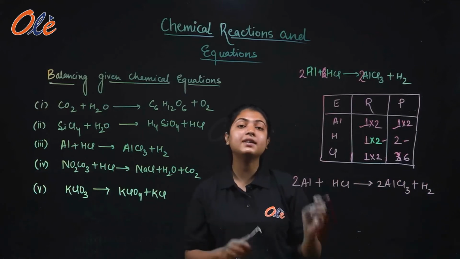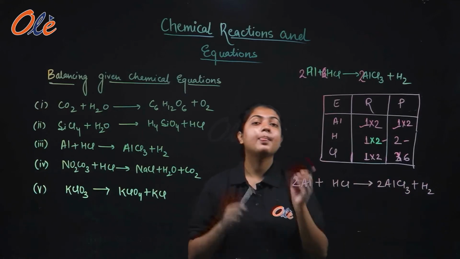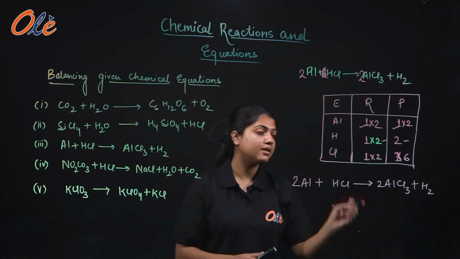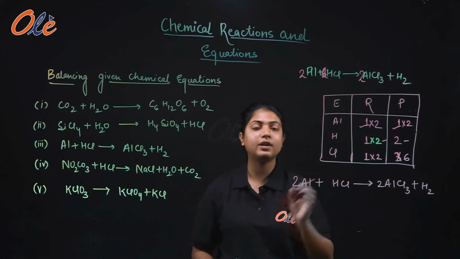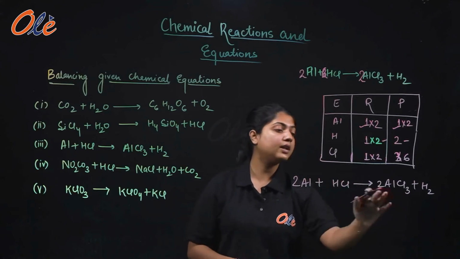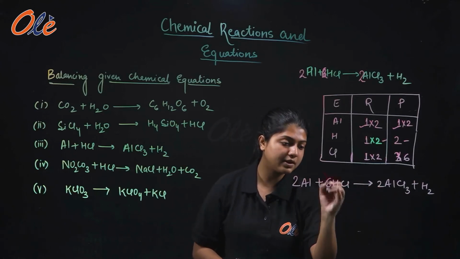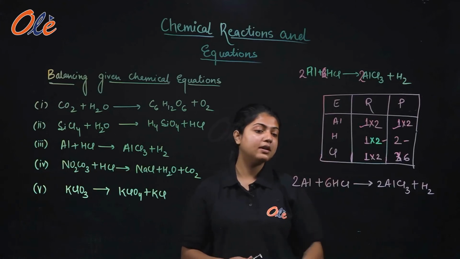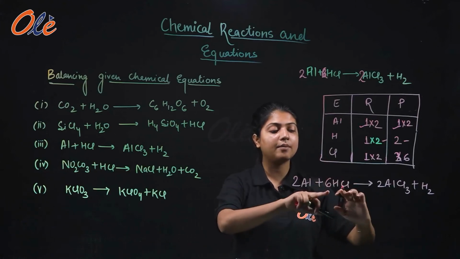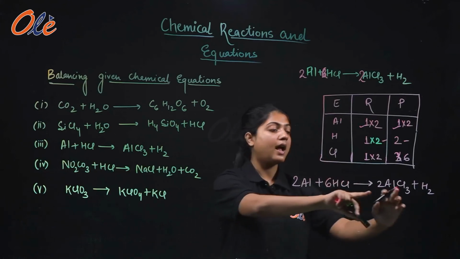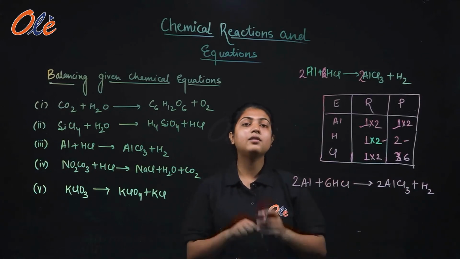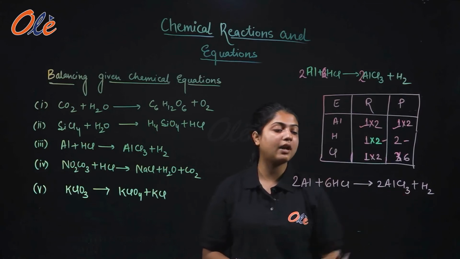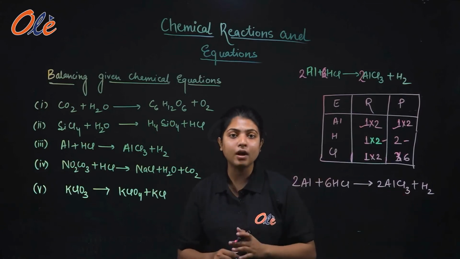So I am saying that on the product side, number of chlorine atoms is 6, okay? And on the reactant side, number of chlorine atoms is 1. So how can we balance? Let us just multiply this whole compound by 6. Now on the reactant side, number of chlorine atoms is 6, as well as on the product side, number of chlorine atoms is 6. Now let us talk about the hydrogen atom, because hydrogen atom is not balanced.